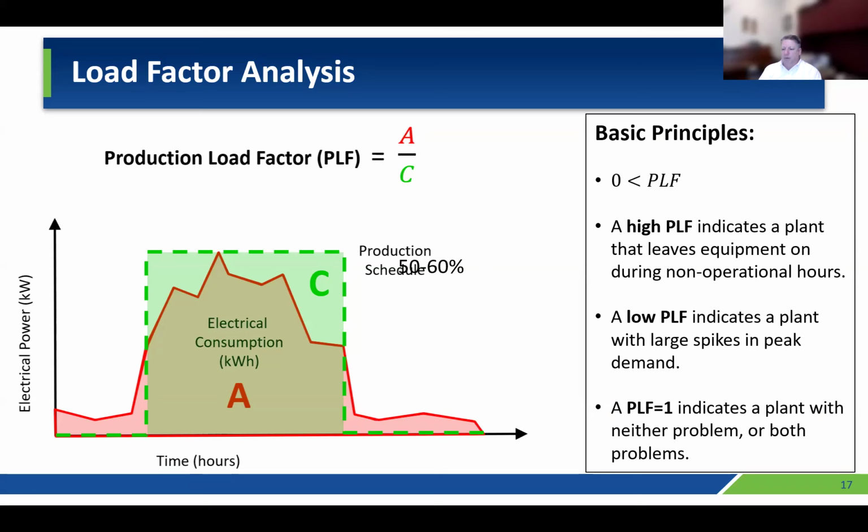A low production load factor indicates a plant with large spikes in peak demand. And a production load factor of 1 indicates a plant with neither problem or both problems. So when we take our production load factor and our electrical load factor, it's fairly simple to use both pieces of information to narrow down exactly what is the problem.